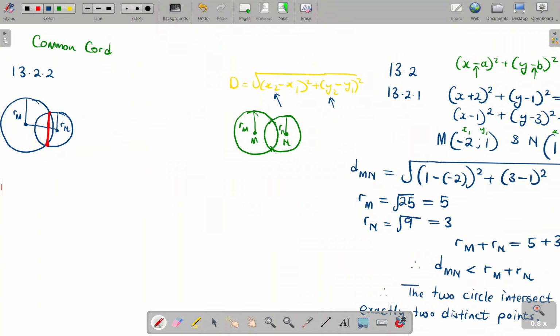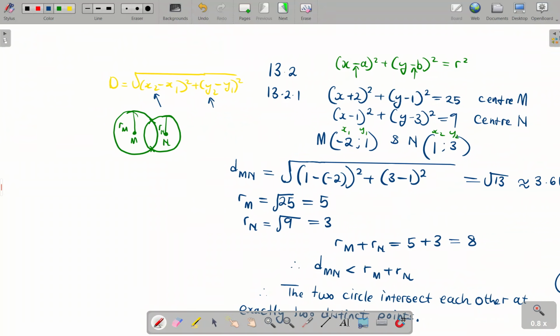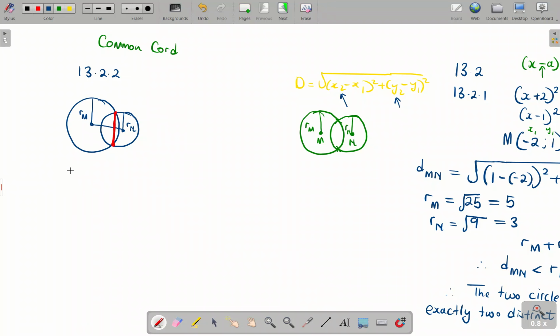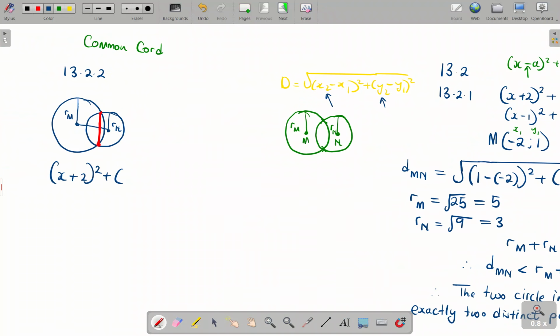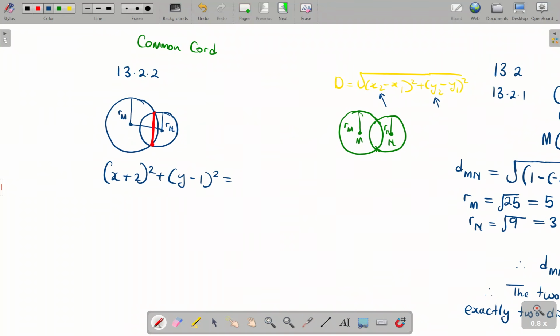So to find that chord, here is the golden rule. You're just gonna go back to their equations. So you have (x + 2)² + (y − 1)² = 25.